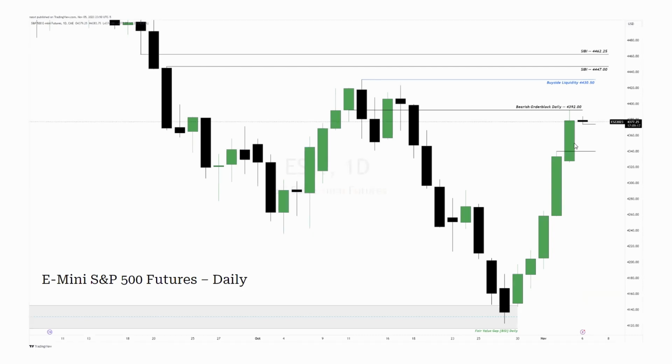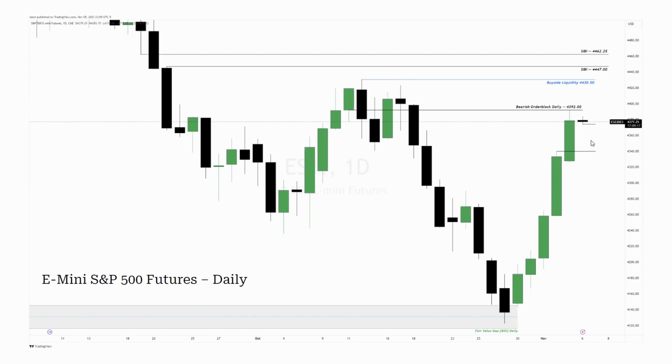However, on the daily chart, I'll be watching this candle here, this imbalance here, and this imbalance here, which I didn't note, but this imbalance is able to be targeted. So around 4260 to 4320, this range. However, we'll see how we do here first.